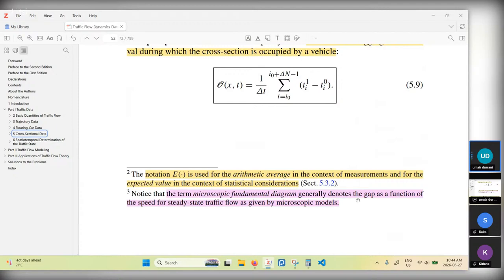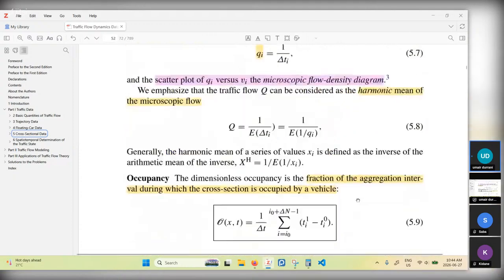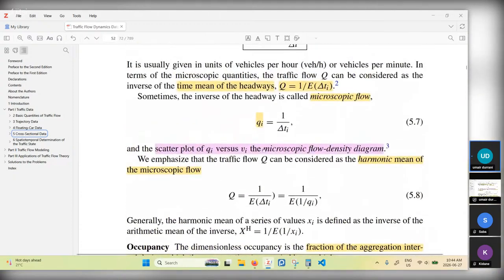So whenever we get to the microscopic models, we'll better understand what this footnote means. But right now, I want to indicate that this is a typo. This should say microscopic fundamental diagram.